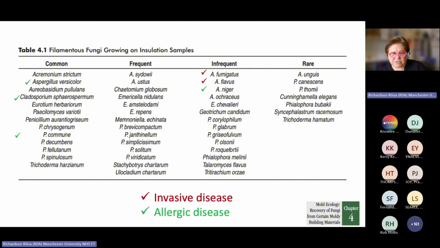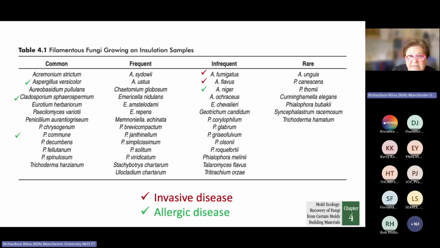So if we tick the box, green color is for allergic disease and red color is for invasive disease. Looking at insulation materials, we see a lot of various environmental molds that can grow there: less pathogenic Aspergillus species, Penicillium species, and Cladosporium.